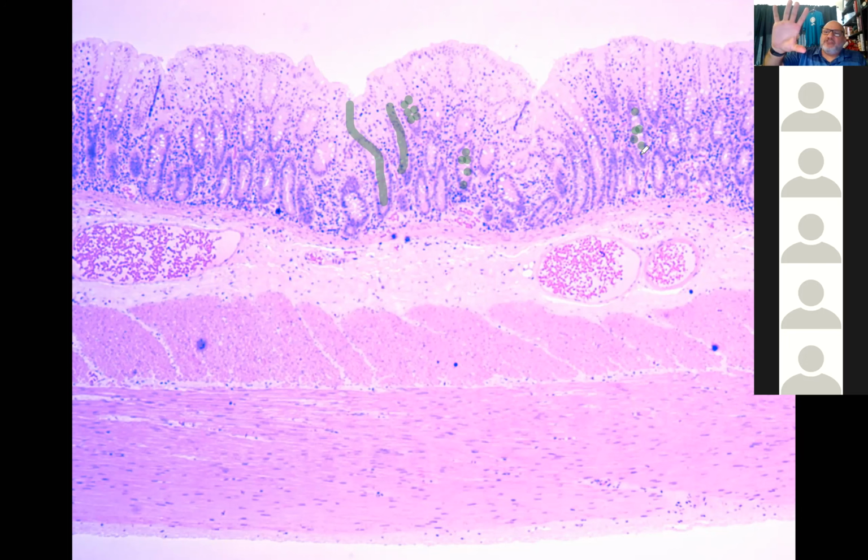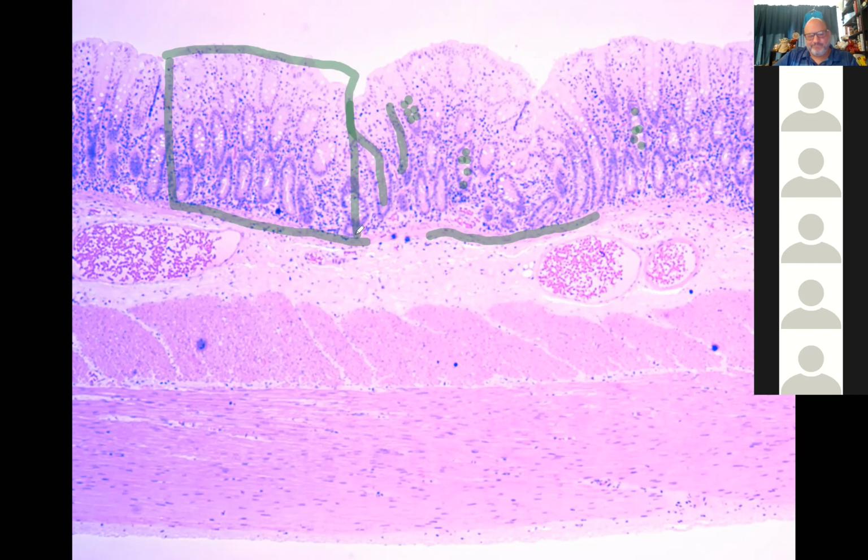Now, the pyloric region of the stomach would have a much thicker mucosa, but again, that's a little bit subjective. So if this mucosa looks so much like the pyloric region of the stomach, and of course, here's that muscularis mucosa, how can I be with 100% certainty knowing that I'm looking at the large intestine and not the pyloric region of the stomach?